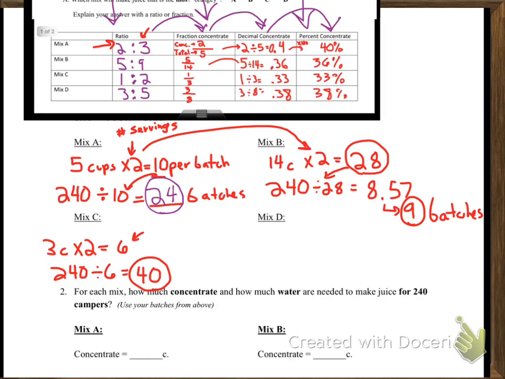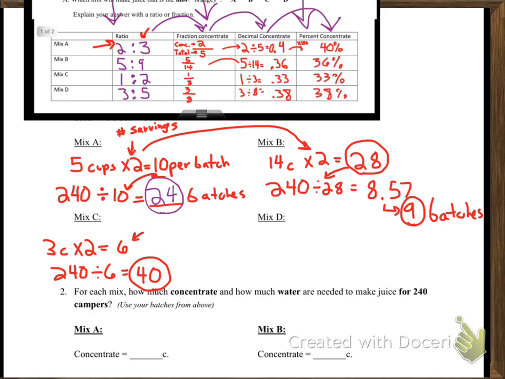Next, for the next one, Mix D, I have a total of 8 servings per batch. So I take 200 times 2. Sorry, 8 cups per batch.